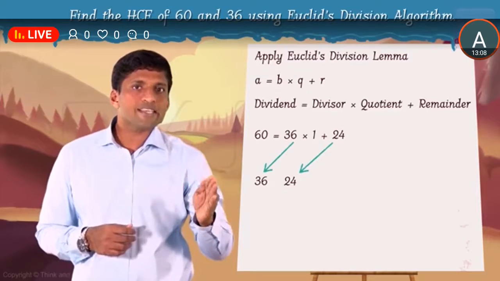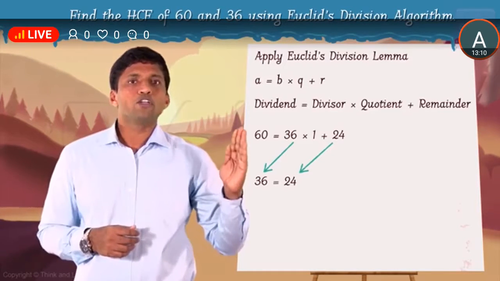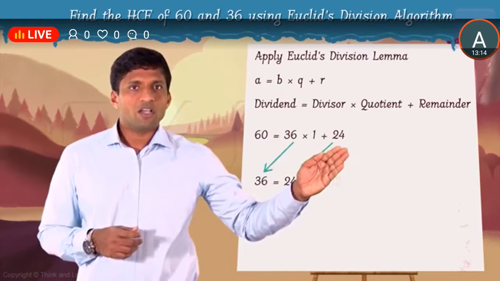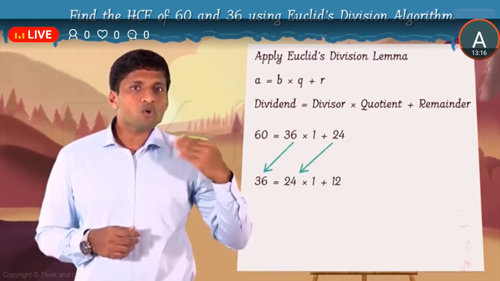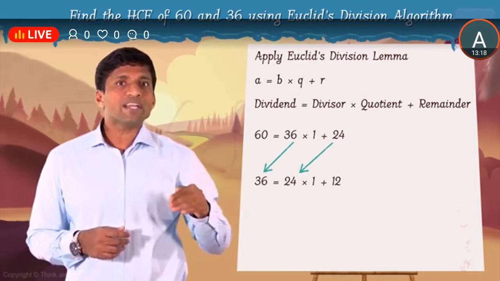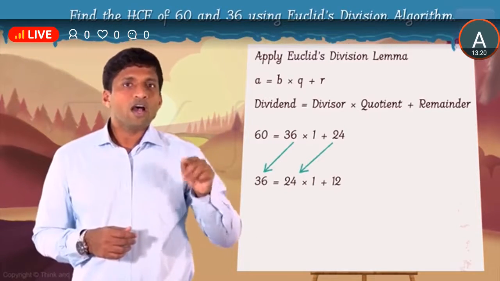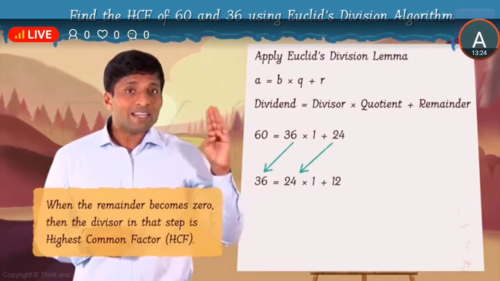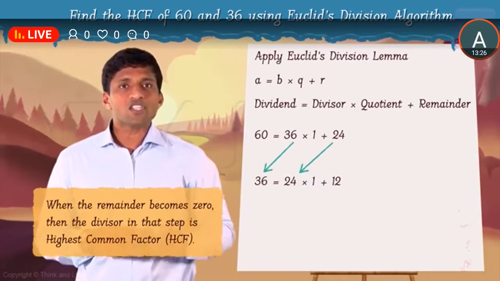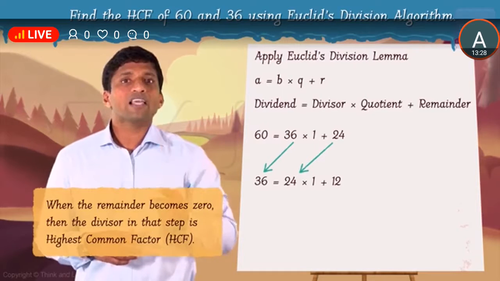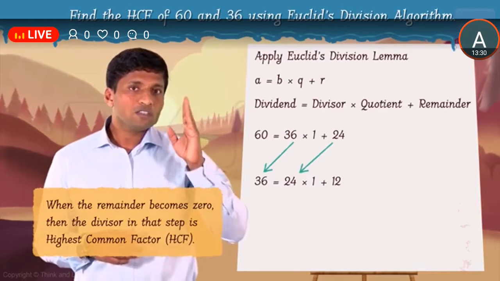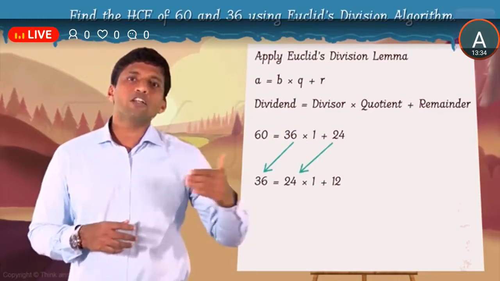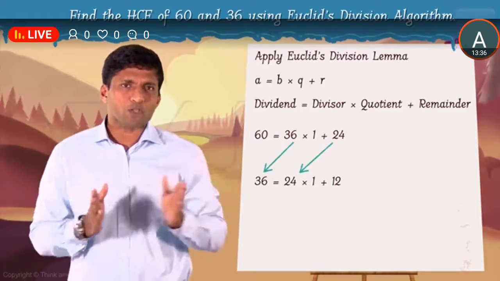So it will become 36 equal to 24 into 1 plus 12. And you will continue doing this till you get the remainder as 0, and when you get remainder as 0, that will be the last step. In that step, whatever be the divisor, that will become the highest common factor of the first two numbers we started off with. So let's continue doing this, and it's a very simple process.